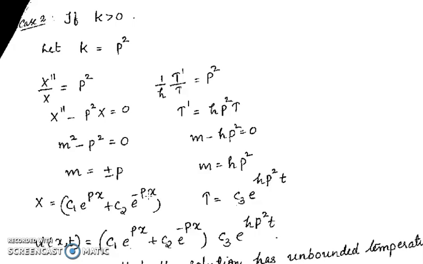Then similarly we have 1 by h, T dash by T equal to p square. Then on cross multiply T dash equal to p square h T. Then that is same as T dash minus h p square T equal to 0, and T dash is dT by dt. And here we introduce d by dt as capital D.